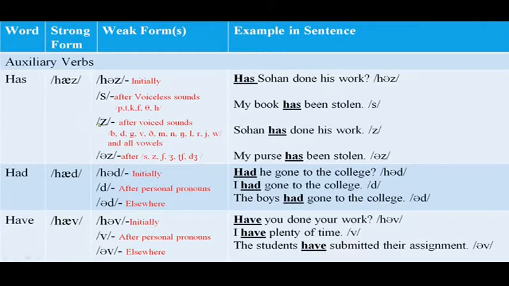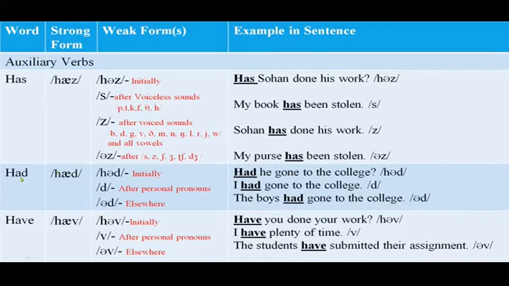'Has' will be pronounced as /z/ when it is placed after words that end with voiced sounds b, d, g, v, the, m, n, ng, l, r, y, w and all the 20 vowel sounds. 'Has' would be pronounced as /əz/ if it is placed after words that end with the speech sounds s, z, sh, zh, ch and j.